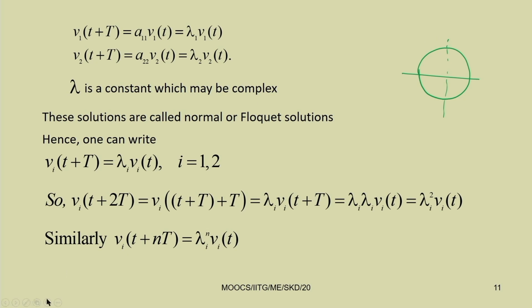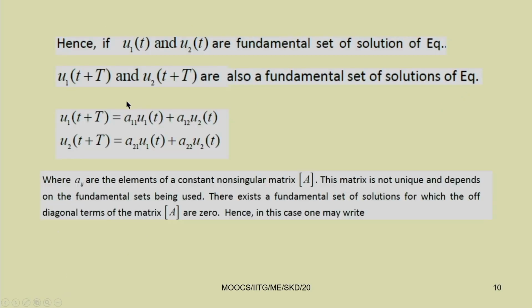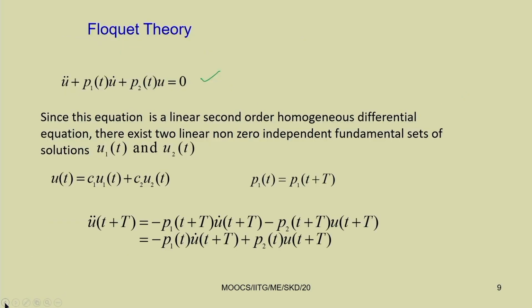So how do we do that? For solving this equation, u double dot plus p1(t) u dot plus p2(t) u equal to 0, we initially assume two solutions u1(t) and u2(t).